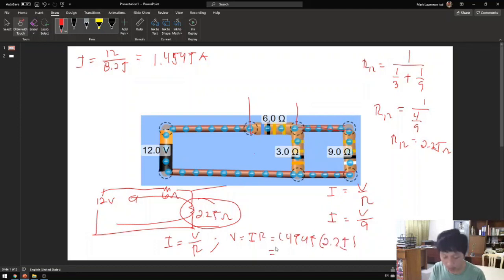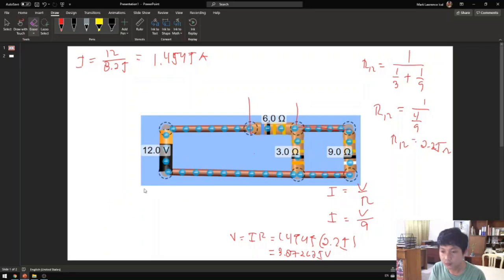So the voltage is 1.4545 times 2.25, which is 3.272625 volts. Alright, now we know that the voltage across this is 3.272625 volts.